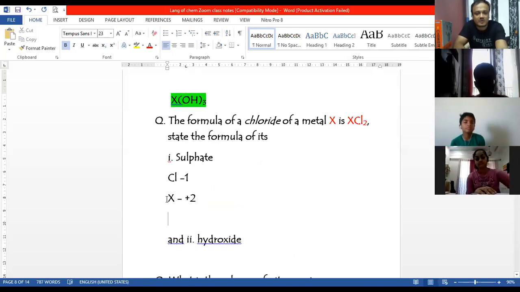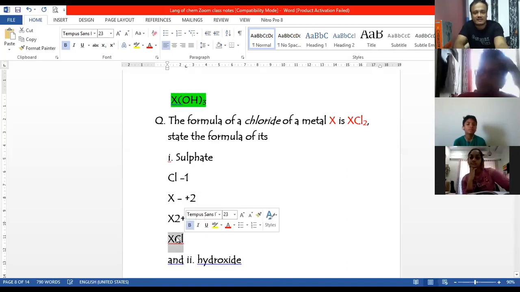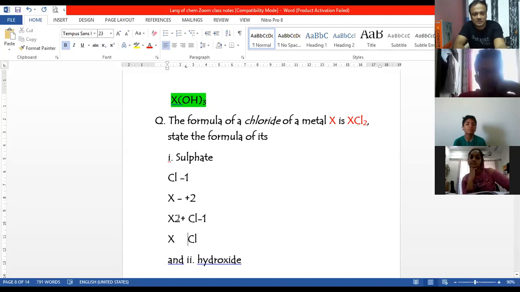Now, how is that possible? Because if I am writing X as 2 plus and Cl as -1, that is when we go around and exchange the valencies of these ions. This 2 will go below chloride, and this 1 will be put below X. So this is how we get the formula of the compound as XCl2.